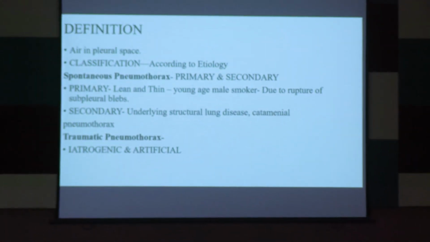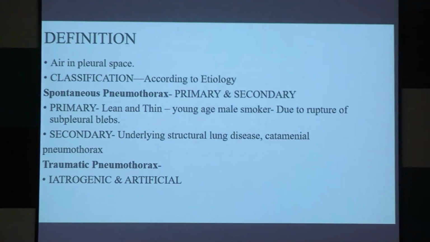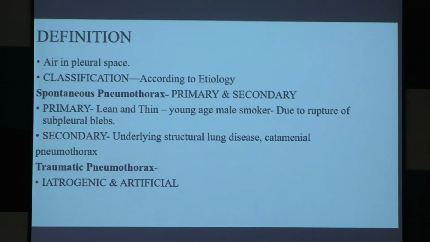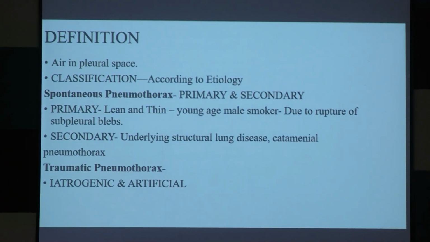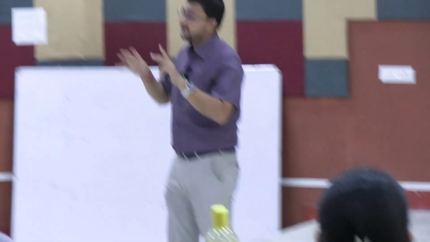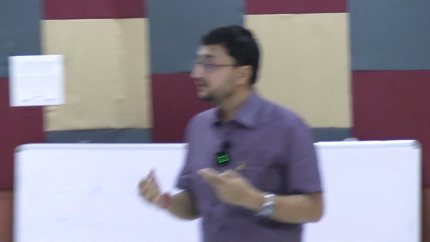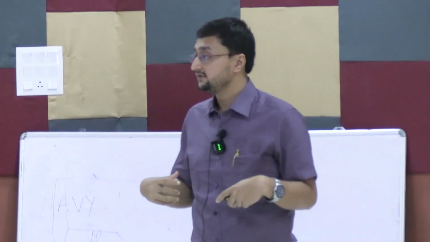Another one is called artificial or therapeutic pneumothorax. What is that? In old days, there was no anti-tubercular drug to treat or cure TB. Mycobacterium tuberculosis is aerophilic, which loves to gather oxygen, right?